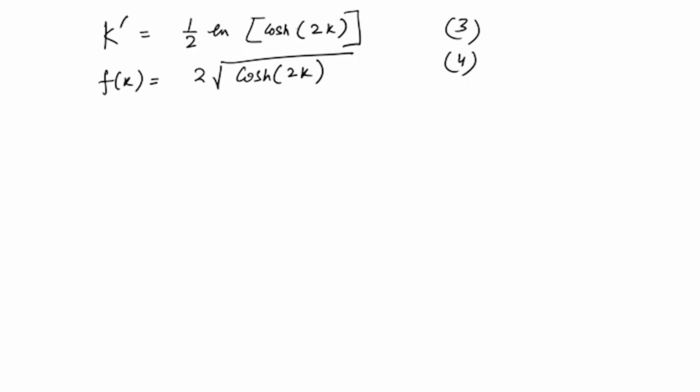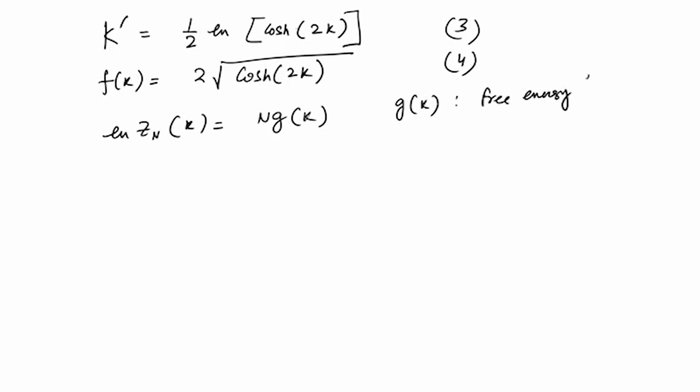So, we can write down a quantity, let us call it log of Z_N(k) is equal to N g(k), okay, where g(k) is like the free energy within a factor kT, and a minus sign, of course. So, let us write a minus kT.